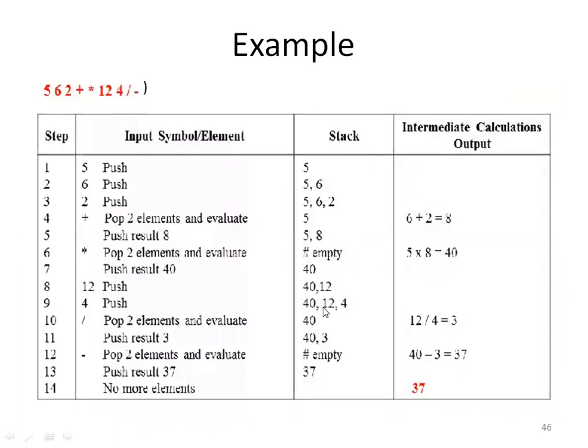So these two are popped, and we apply this symbol. How will we apply this? Second topmost element, then this operator, then first topmost element. So second topmost element is 12, then slash, then first topmost element 4. Okay. 12 slash 4 करना है, 4 slash 12 नहीं करना है। समझ में आ रहा है ना?